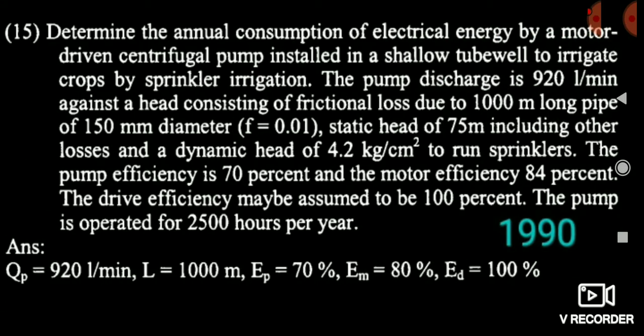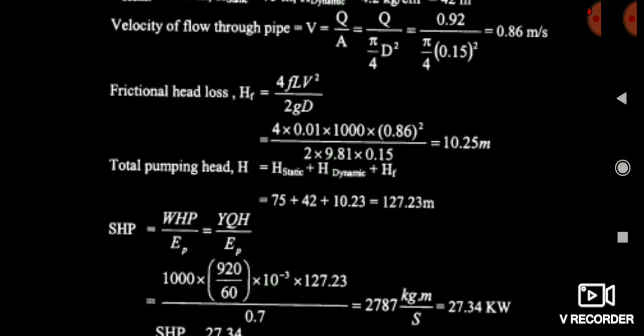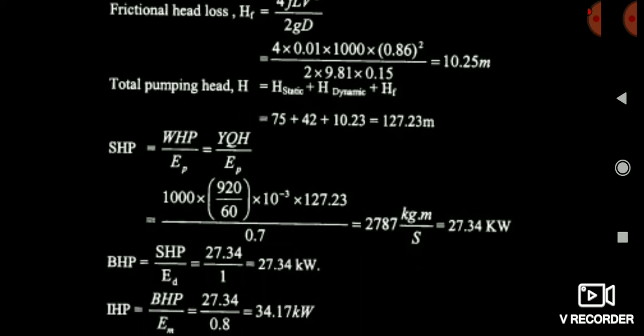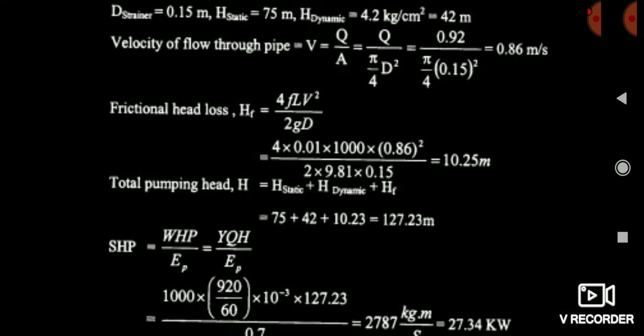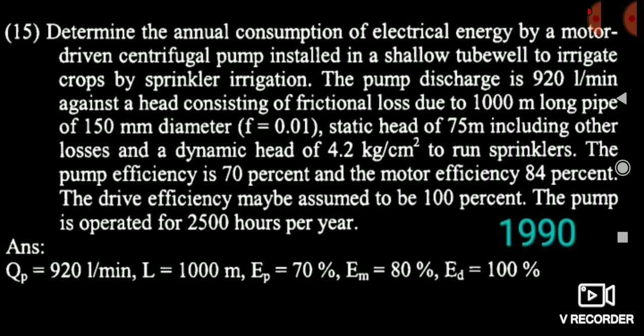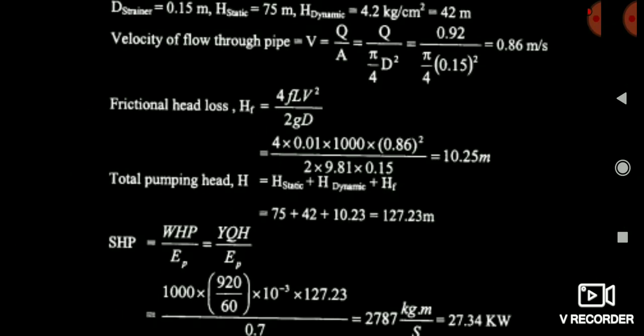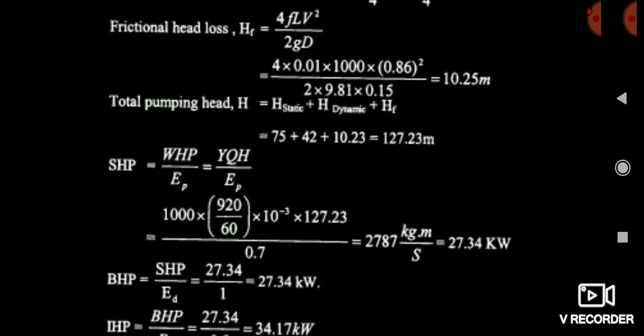The efficiency is given here, that is 70%. So you can simply divide the power we have calculated by the 70% efficiency. Power is nothing but rho g h into discharge. The discharge is given here, that is 920 liters per minute, and we have calculated the power as rho g h, and our rho value, meaning the density value, is 1000.